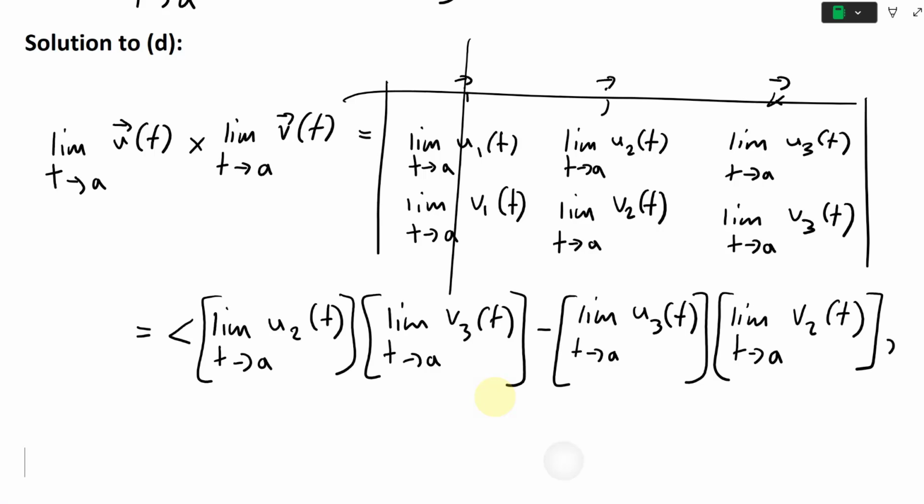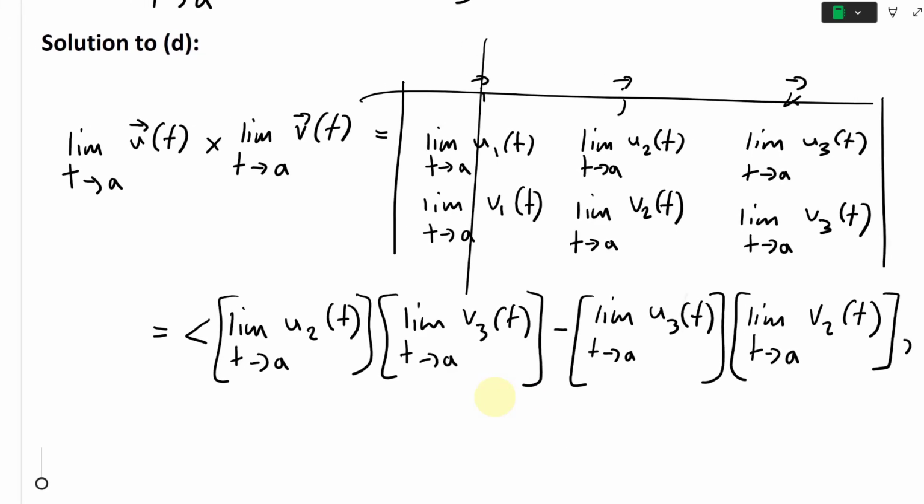Then we put a comma for the next component, and now we do the next one.